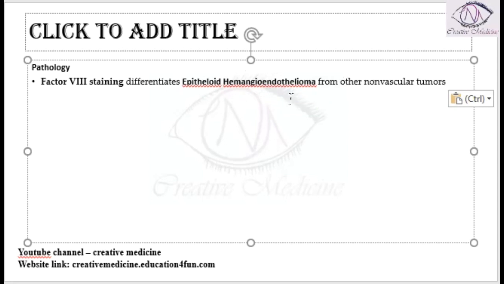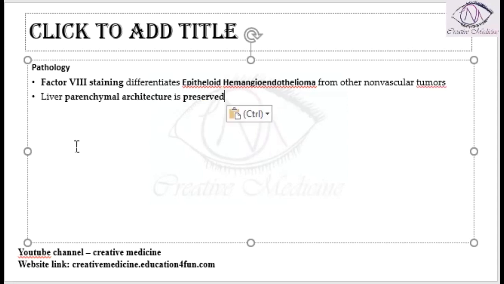Epithelioid hemangioendothelioma is a soft tissue tumor of endothelial origin, so it is a type of vascular tumor. So factor 8 staining will differentiate it from the other non-vascular tumors. Liver parenchymal architecture is also preserved in this tumor.